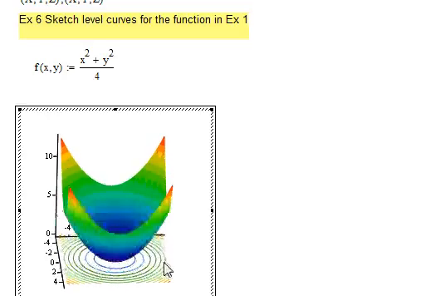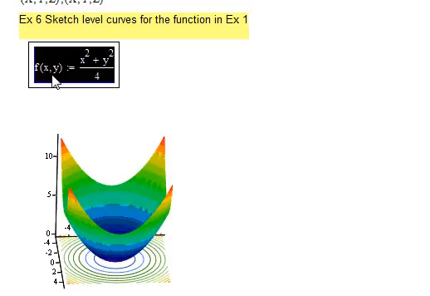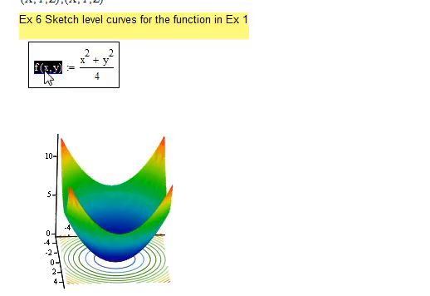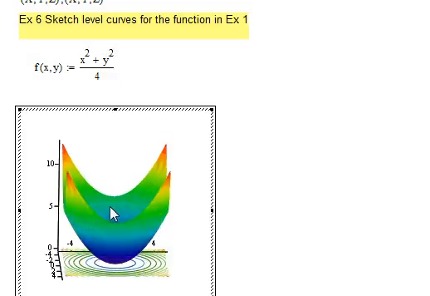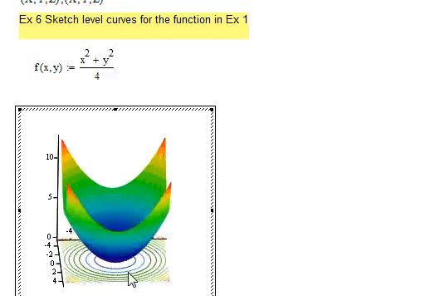And if I were to say, what about z equals 2? Well, then 2 equals x squared plus y squared over 4, so 8 equals x squared plus y squared, circle center at the origin, radius 2 square root of 2, square root of 8 if you want, and that would be the next circle there.